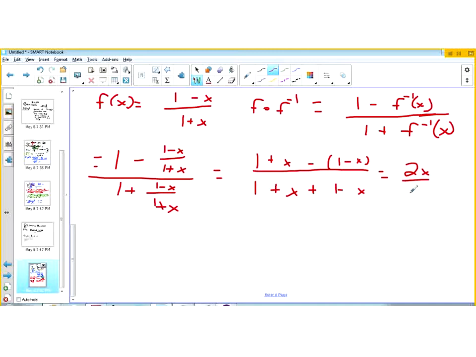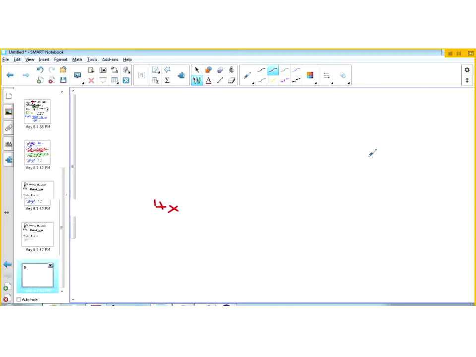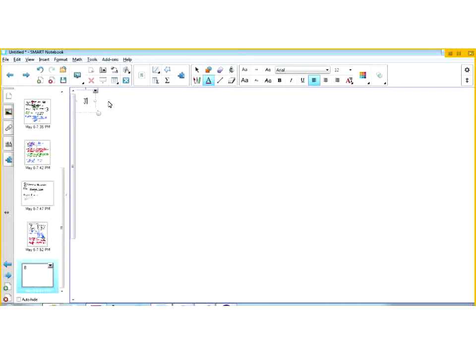And so that's equal to 2x divided by 2, which is equal to x. So that's one nice property about functions and their inverses. When you take their compositions, you get the argument back out. All right, so functions and their inverses. Okay, so next topic. Let's talk about functions and their transformations with respect to graphing. So transformations of functions.